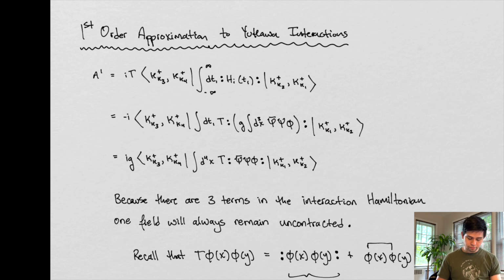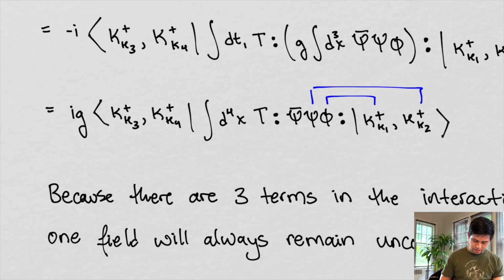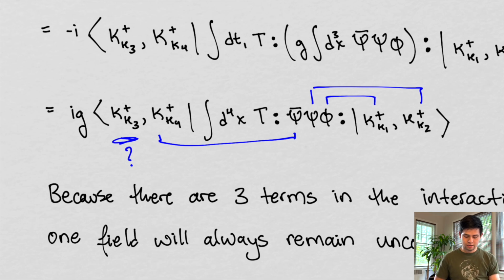But if we have three terms, we can contract this guy and maybe this guy, right? We can contract him, say, with this guy, and we can say contract this guy with this guy, and then we could say contract this guy with this one, but we're left with a question mark on this guy, right?